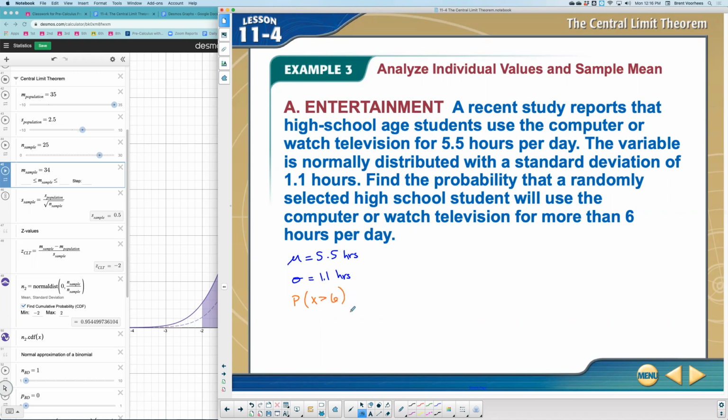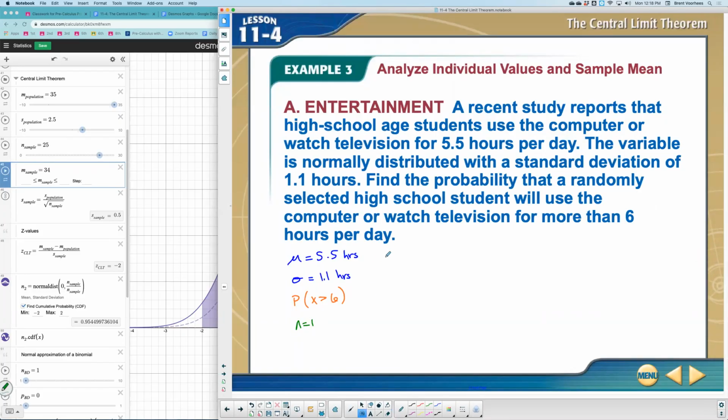So that's the probability of more than 6 hours. So let's go through solving some values here. Now notice they do not give us any sample size other than to say a randomly selected high school student. So I'm going to treat my n here as 1.